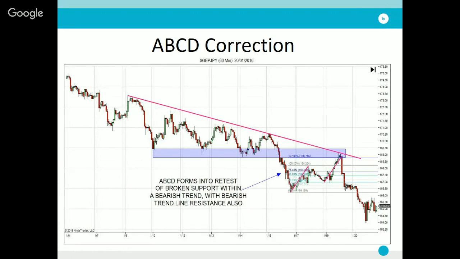And this image actually introduces us now to another really important harmonic structure, and that is the one-to-one pattern. So we've seen how symmetry is used so far within the Gartley and the ABCD patterns, where moves of equal length project forward to identify a reversal location. Well, the one-to-one pattern uses symmetry, but in a slightly different way.